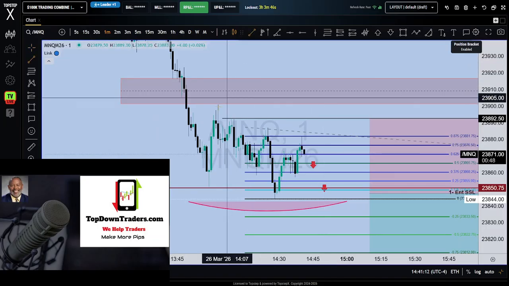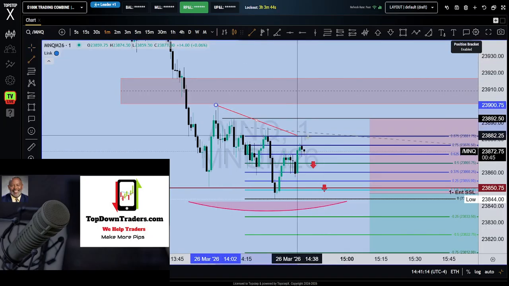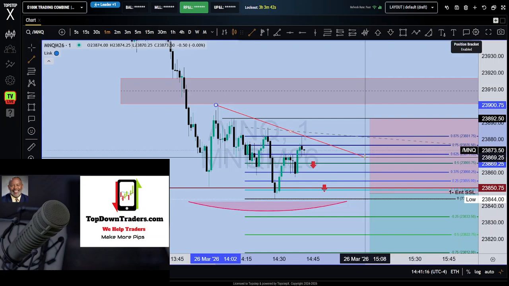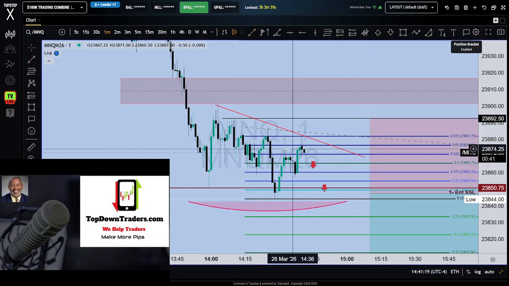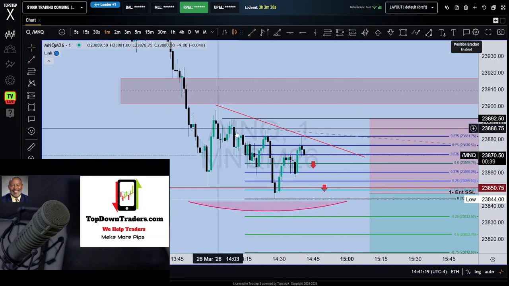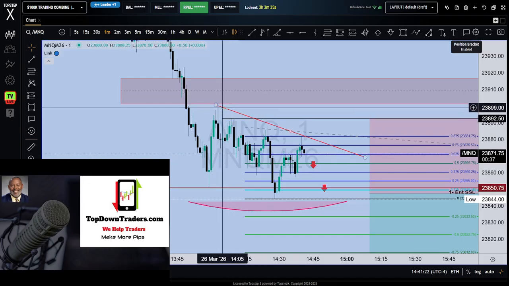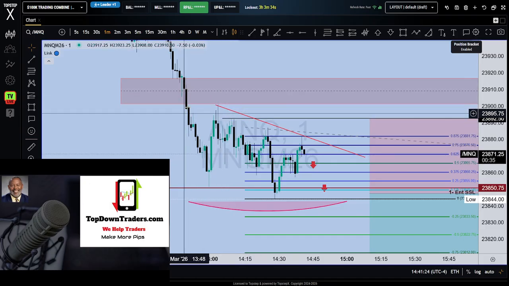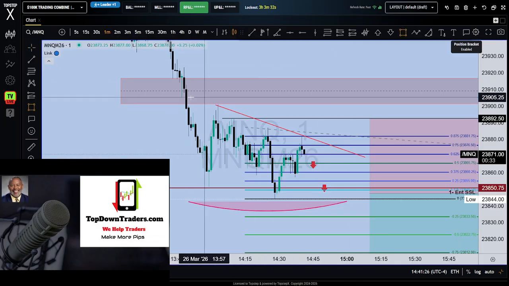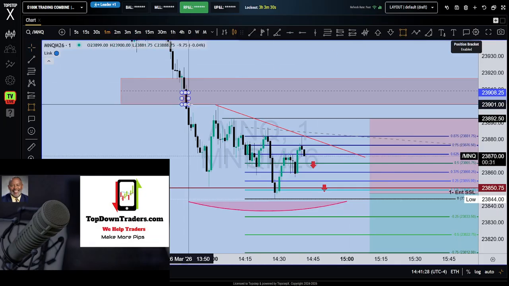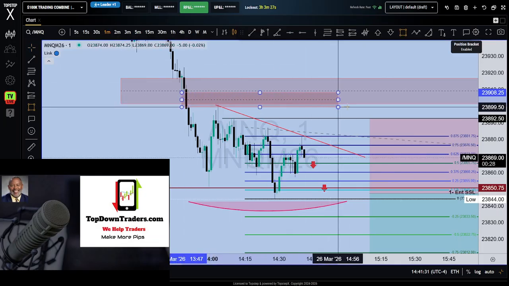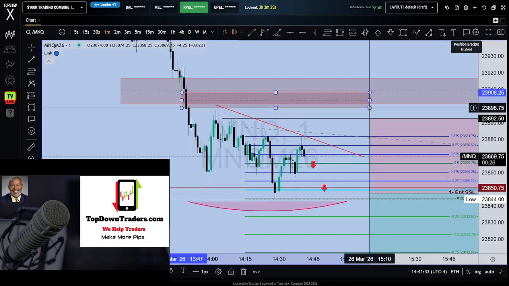If I was into watching and monitoring the trend, I would use this angle right here. If it takes out this high, then it's going to attack that high, then it's going to attack that high, and then I see a fair value gap inside a fair value gap, but just on a different time frame.